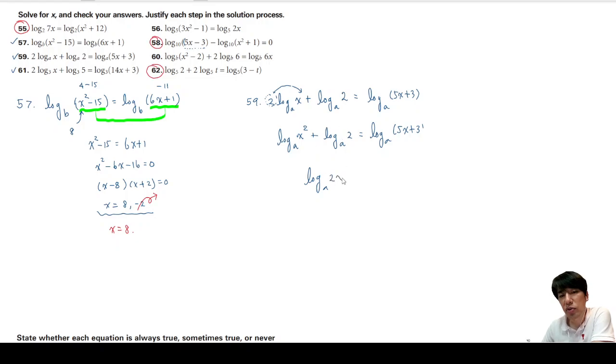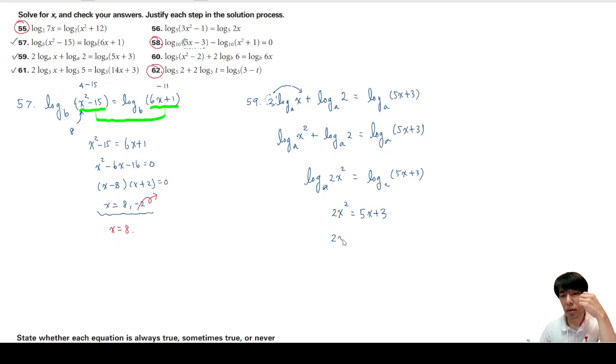So that's 2x squared is equal to log base a of 5x plus 3. Since you have the same log, log base a, this comes down to 2x squared is equal to 5x plus 3.